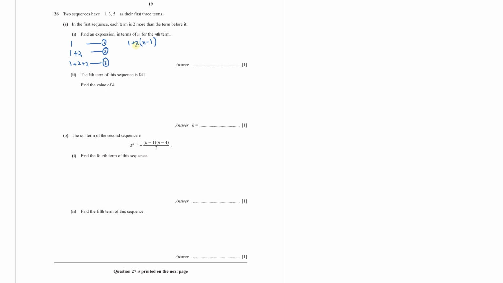If you're looking for the first term, this would be 1 minus 1, 0, and 2 times 0 is 0. That is correct. In the first term, we do not add any 2. In the second term, you replace n with 2. You get 2 minus 1, 1, and 1 multiplied by 2 will be 2. So you add 2 just once, and so on. If I simplify this and open the brackets, 2n minus 2, minus 2 plus 1 is minus 1, so you get 2n minus 1 as your answer.